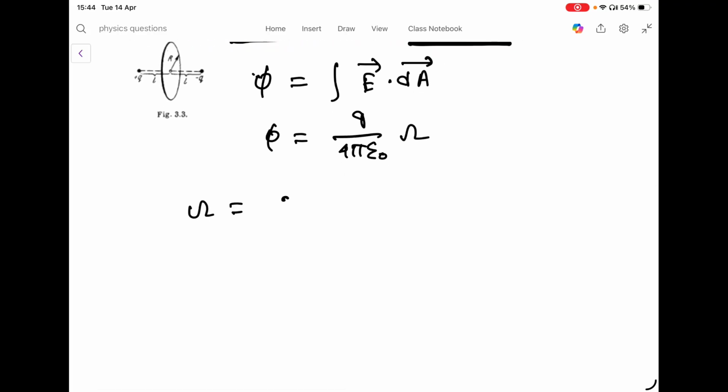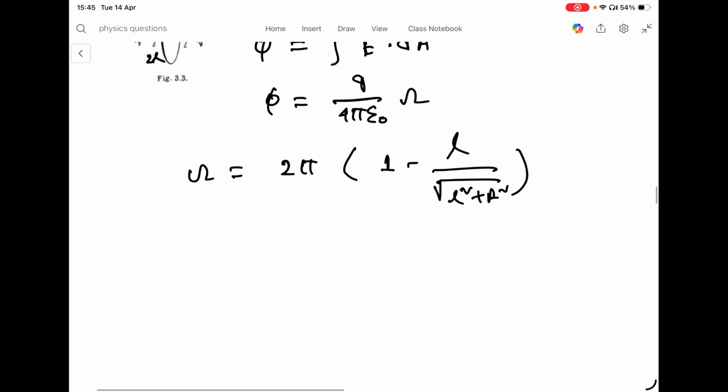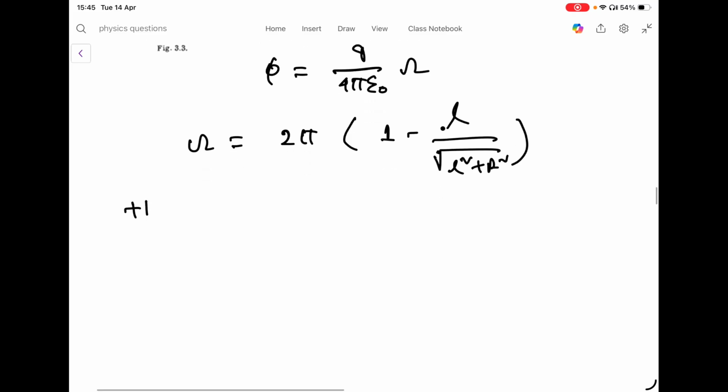You can write omega equal to 2 pi into 1 minus L by root under L square plus R square. Why? Because if this is L and this becomes 2L, it will make a triangle and you can put this as such.